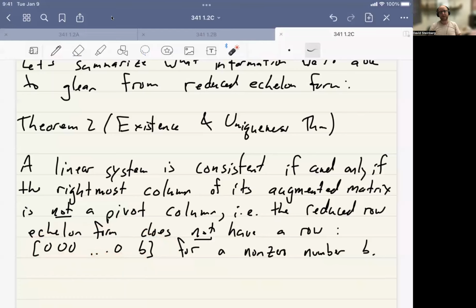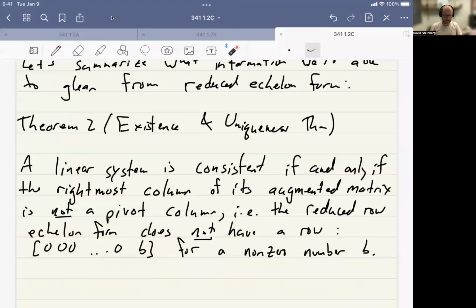So that's the situation where you're inconsistent, you have no solution. And so as long as you don't have something saying 0 is equal to something non-zero, then you must have a solution. The only way to have no solution is if you've got a row that's trying to convince you that 0 is equal to something non-zero, or 0 is equal to 1, for example.